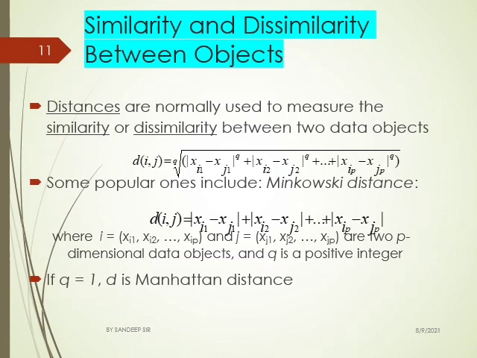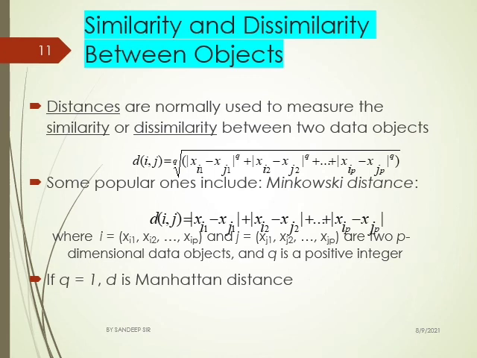Similarity and dissimilarity between objects. As I mentioned, there can be some similarities and dissimilarities. We can see distances. What are distances in general? Distances are normally used to measure similarity or dissimilarity. Either two points can be very close to each other, so they can be put in the same cluster, or if they are very distant from each other, they will be put in different clusters. First we need to calculate the distance between two points, dij.